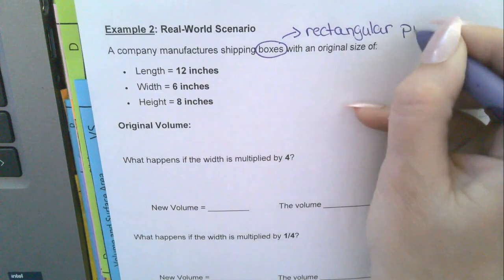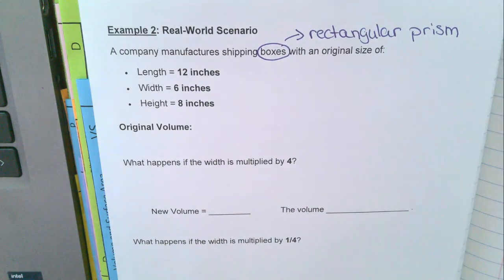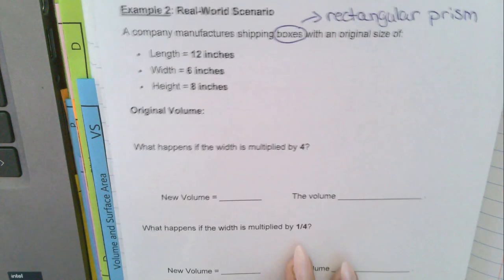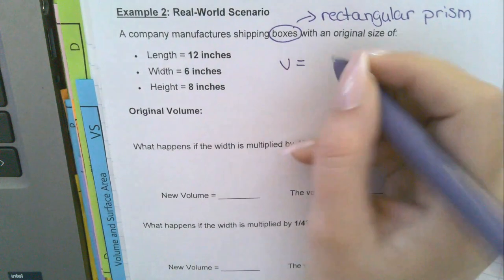That's the only thing, like where we've seen some word problems at the bottom of our notes pages the last couple of days, where we did have to pay attention to what words indicated the shape and then what we're solving for. Now this straight up does tell us to solve for the volume, but it didn't tell us in such plain terms that we were dealing with a rectangular prism. You have to know that's what a box is. So my original volume, length times width times height.